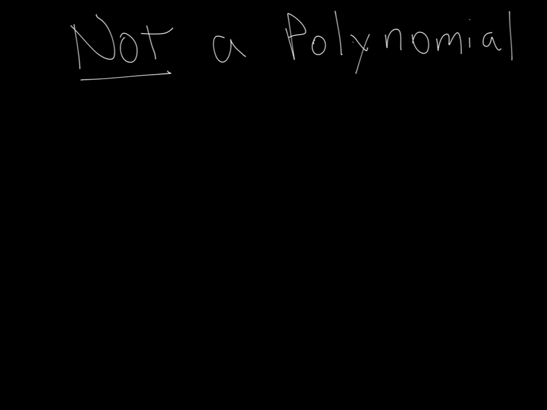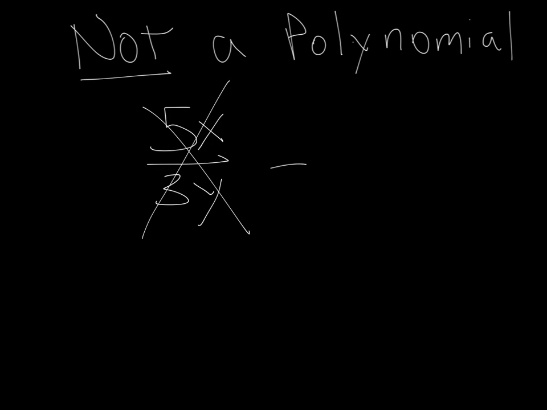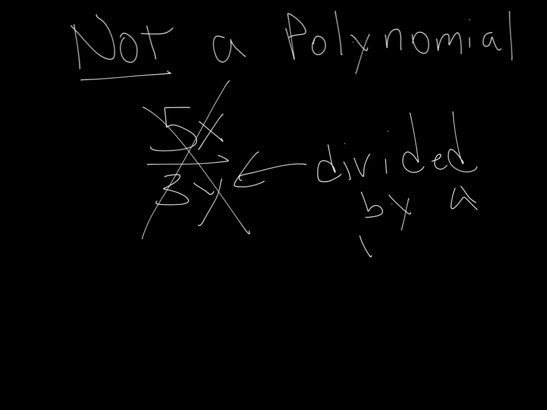So the question becomes, what is not a polynomial? Well, if you have 5x divided by 3y, this is not a polynomial because it is being divided by a variable. As soon as you are dividing by a variable, it is not a polynomial.